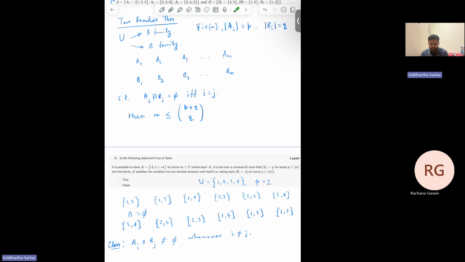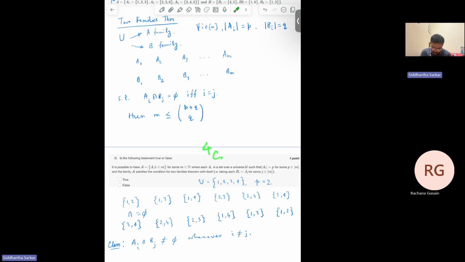In the universe, there are four elements, and every set has two elements. So this P, we can take any P. I think the small p is taken so that we can verify things quickly.